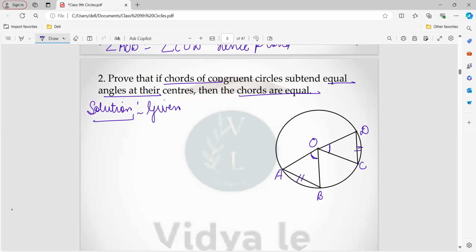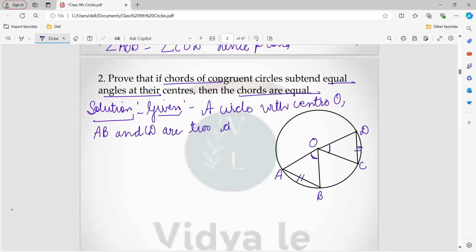So the first step is to write what is given. This time we are given a circle with two chords AB and CD, which subtend equal angles at the center. So we'll write: a circle with center O, and AB and CD are the two chords that subtend equal angles at the center.